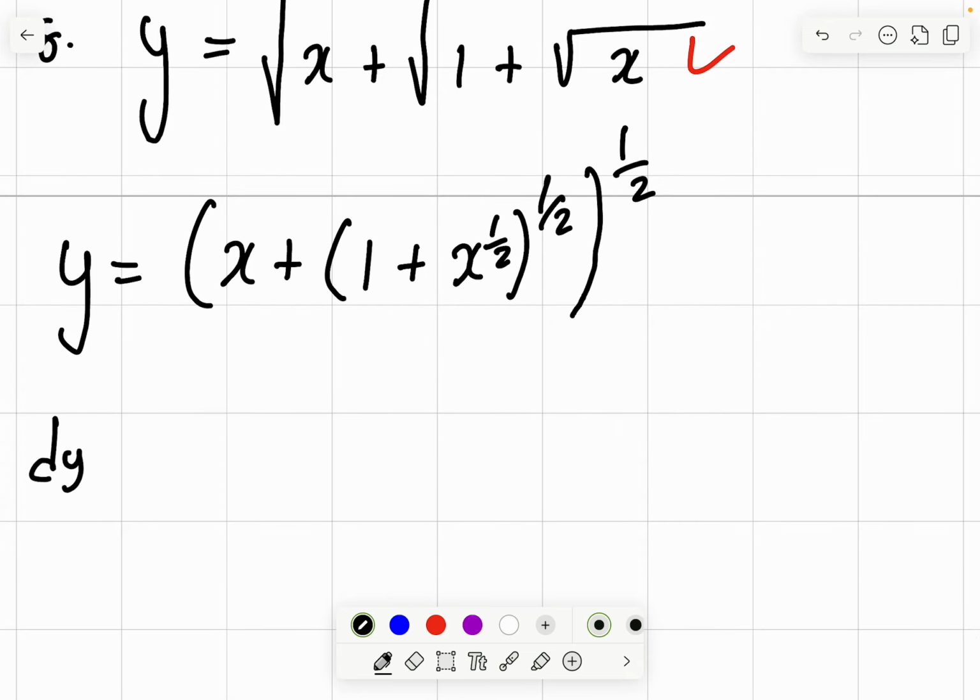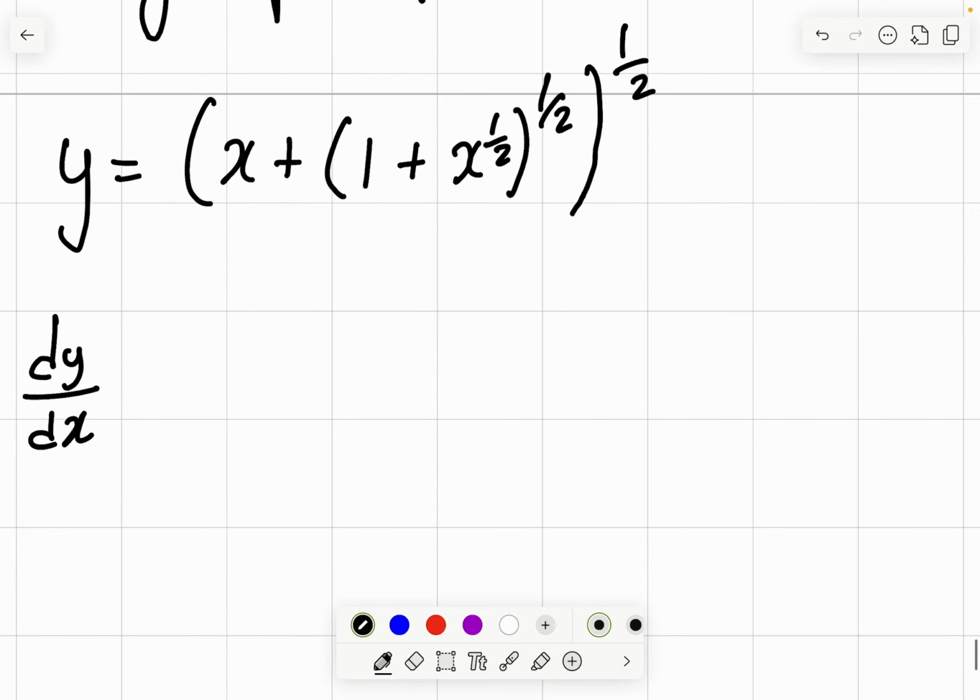You say dy over dx. Right? So it's going to be equal to, I drop the 1 over 2, 1 over 2. I keep the inner function, x plus 1 plus, let me just say that thing as a square root, understand, and keep that one as a square root also.